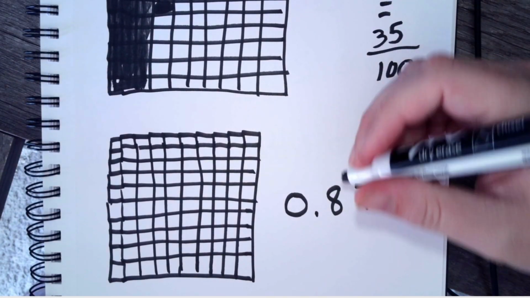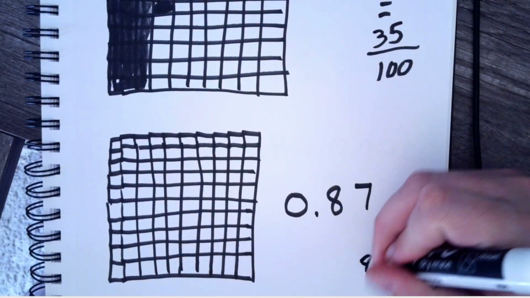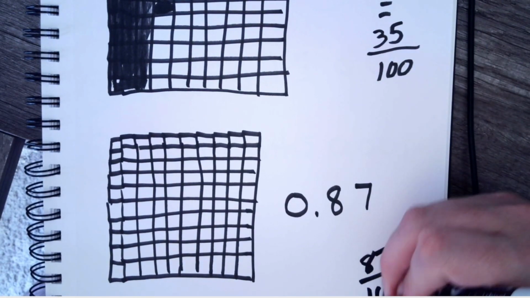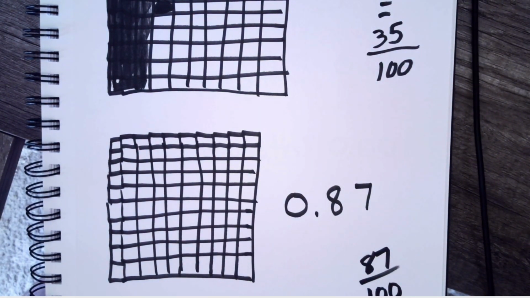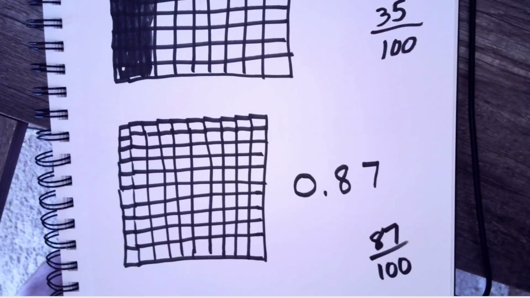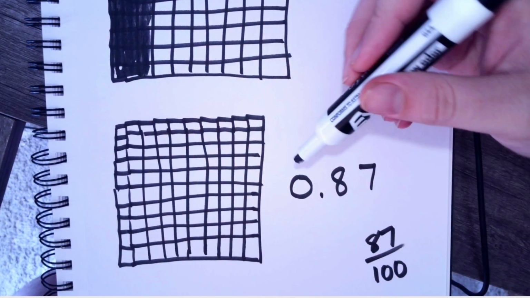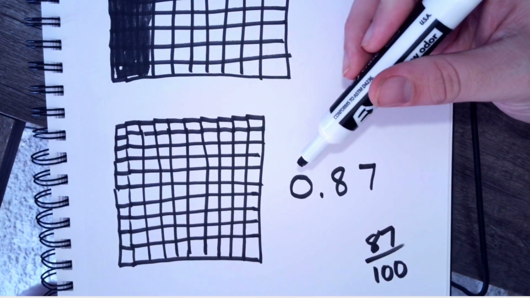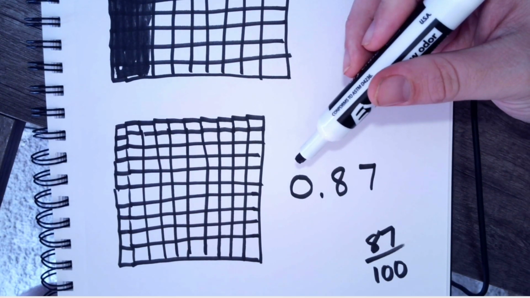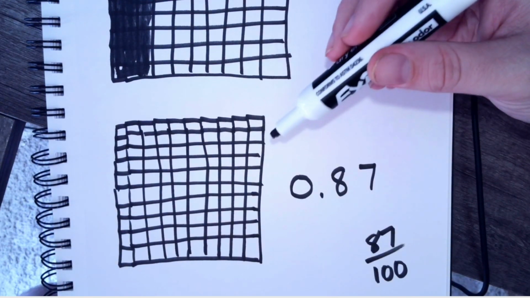So I have 87 hundredths, or as a fraction, I can say 87 out of 100. And I need to shade in the proper amount. So again, we check our whole number ones place. There's nothing there. We have 0 whole numbers. So I don't have to worry about shading in this entire thing.